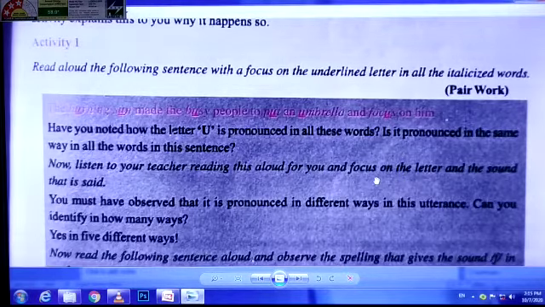Just notice that in the whole sentence, there are many U's. How is this letter U pronounced? We know it is not pronounced in the same way. It is pronounced in different ways. Just listen once again. The burning sun made the busy people put an umbrella and focus on him.